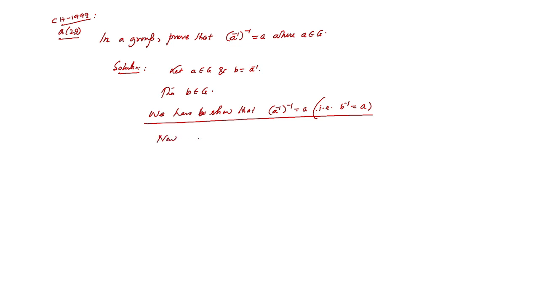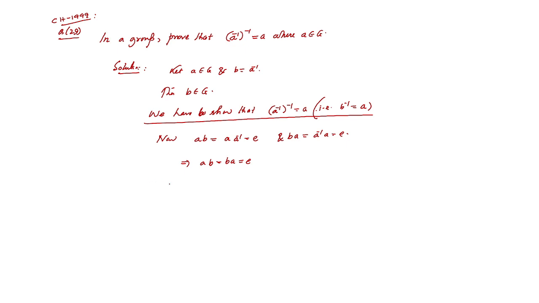So now we calculate AB, that means A A inverse, which equals identity. And BA, that means A inverse A, which is also identity. So AB equals BA equals identity.